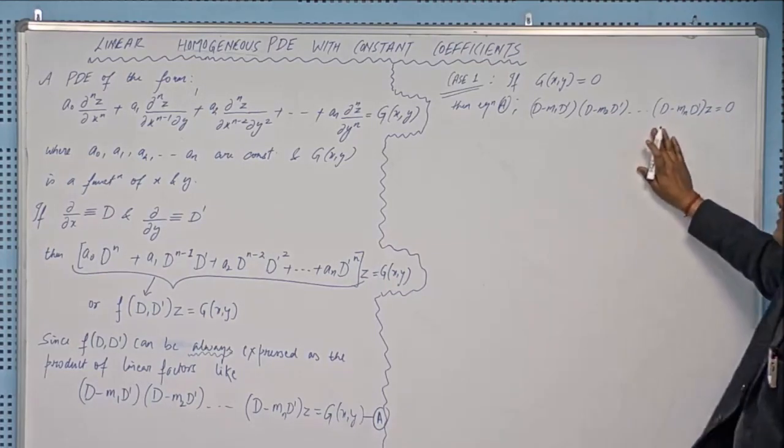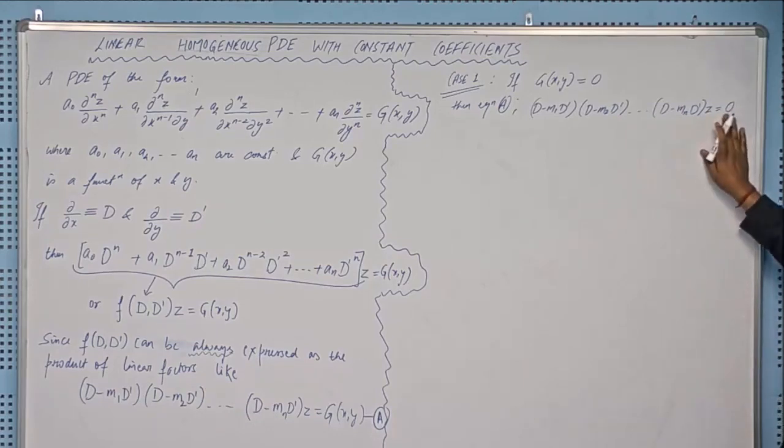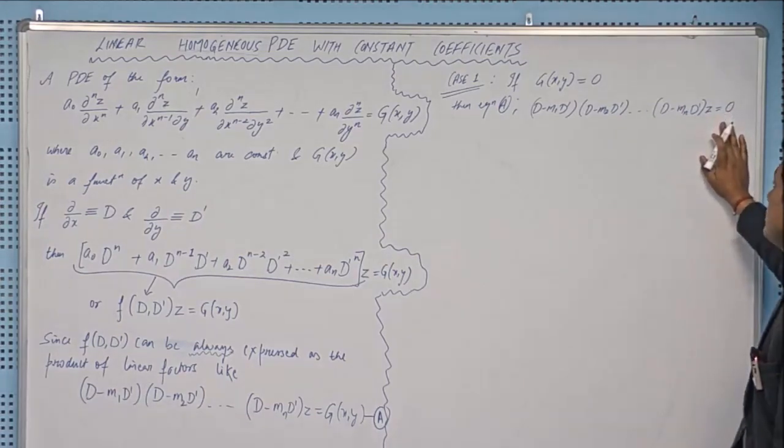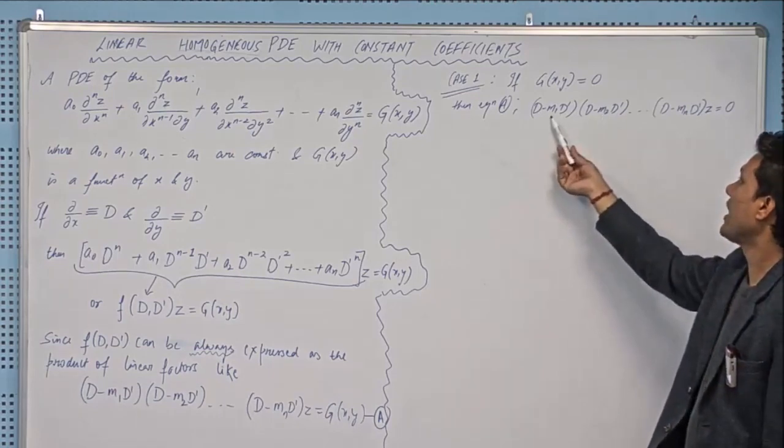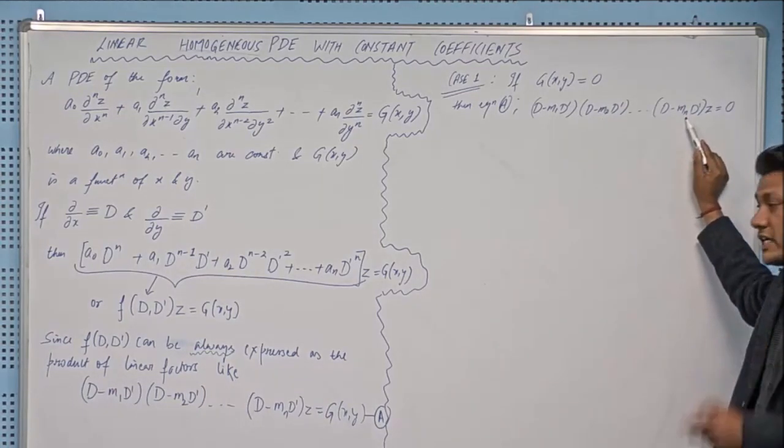Now we are going to solve this PDE particularly when the right hand side is 0. And notice how many factors there are: 1, 2 up to n factors. And why have I written n factors?